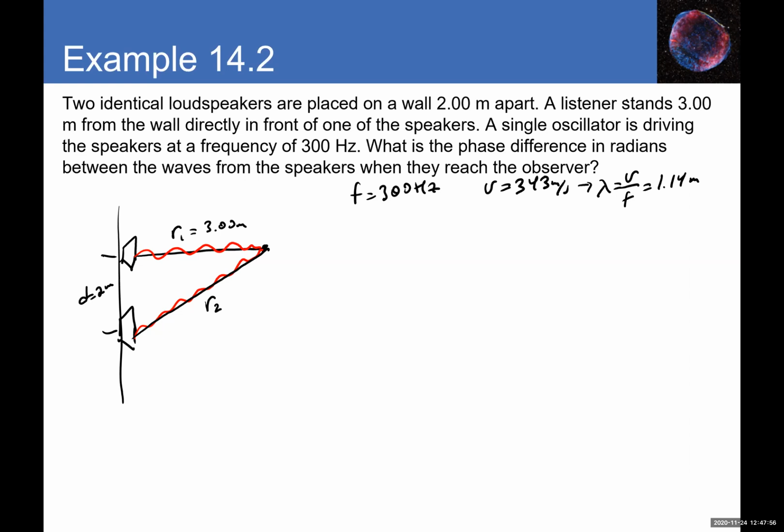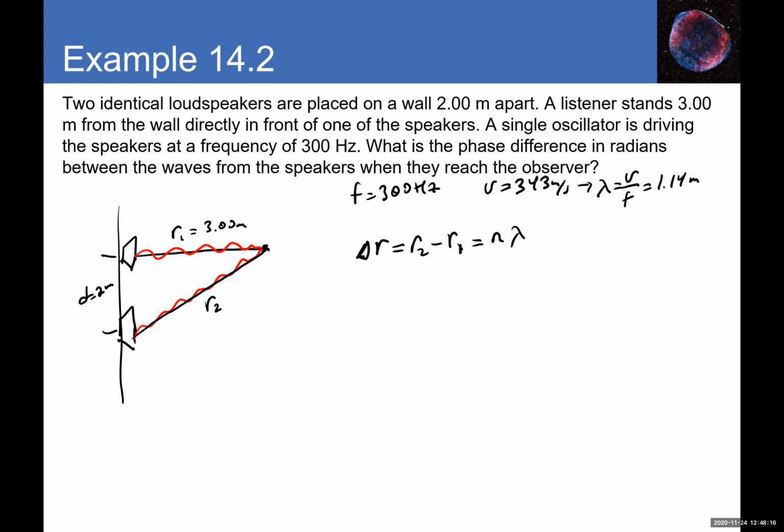All right, so then using the equation that we learned, delta R is equal to R2 minus R1, and it equals N times lambda. We don't know what that N is. Is it N or is it N over 2?